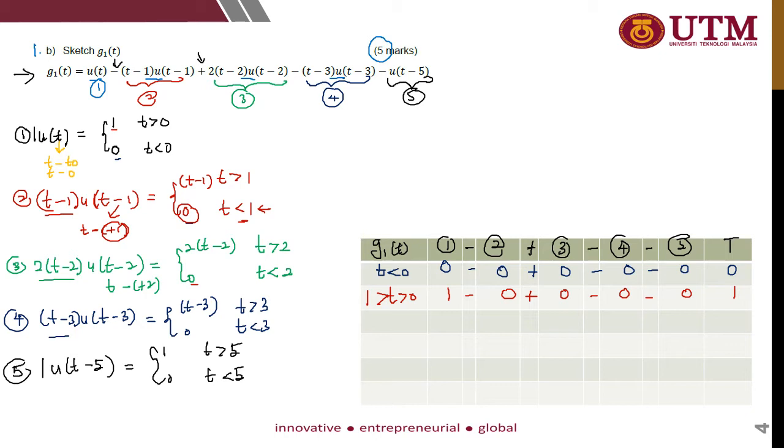Now next, increase your range of t. Before this it was less than 1, now it becomes larger than 1, but less than the next range, which is 2. Look at the first component: larger than 1, so meaning larger than 0, always 1. Second component larger than 1, you get t minus 1.